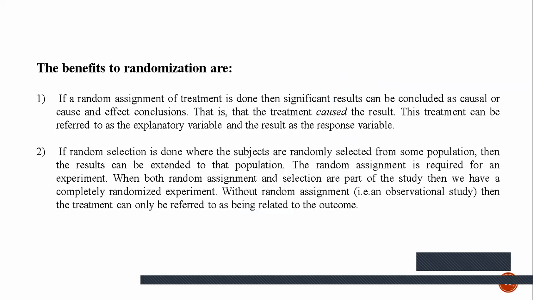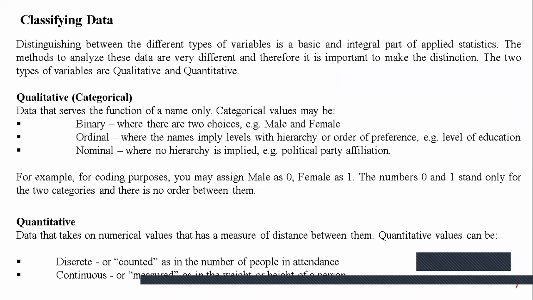Okay, then let's continue. Classifying data. Distinguishing between the different types of variables is a basic and integral part of applied statistics. The methods to analyze these data are very different, and therefore it is important to make the distinction.